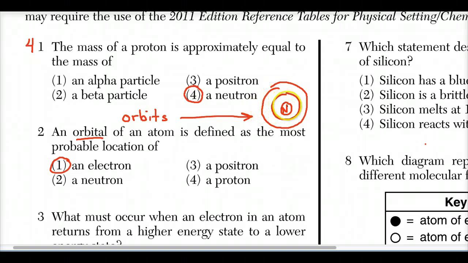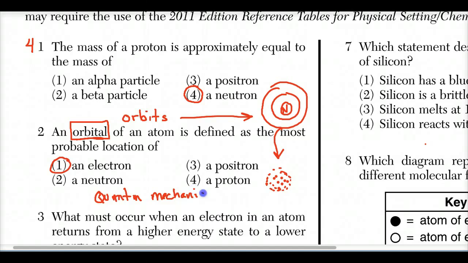Because we found that the Bohr model did not truly explain all the properties of all atoms beyond hydrogen, we moved on to the quantum mechanical model, treating electrons as waves, but the regions of space where electrons exist are in these regions called orbitals. So it's a place where electrons exist in the quantum mechanical model. Okay, that's the current model, the quantum mechanical model. They don't exist in orbits.